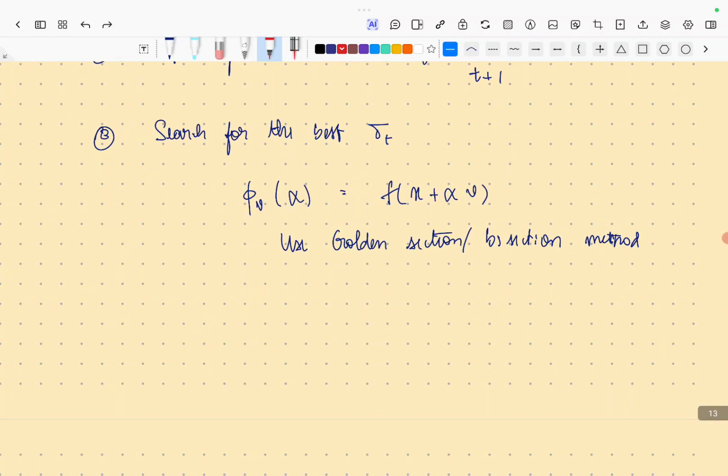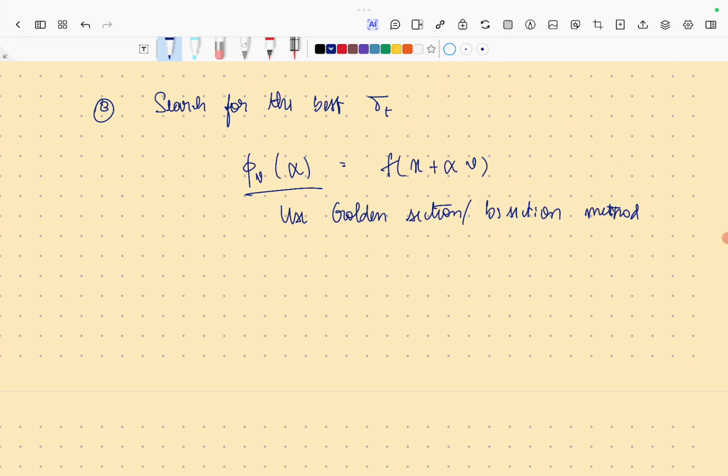So what else can you do? Well, you can try to do something approximate. Instead of trying to minimize the function phi v, you try to move along that direction just so that the function value decreases a sufficient amount.